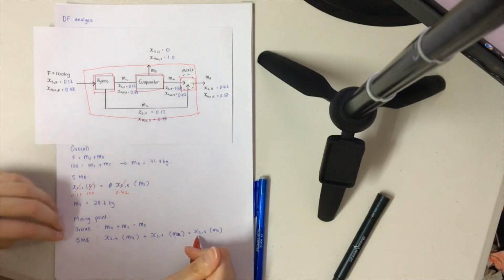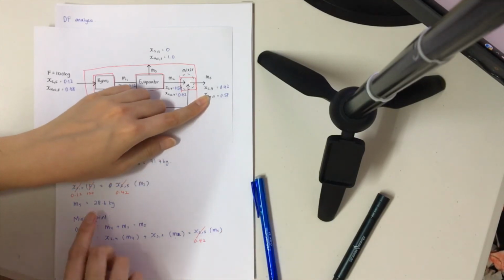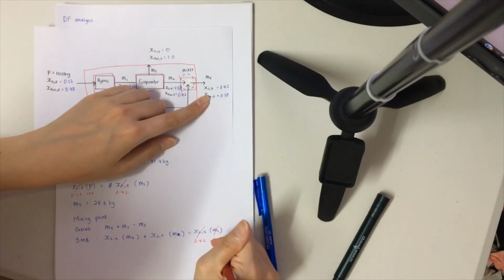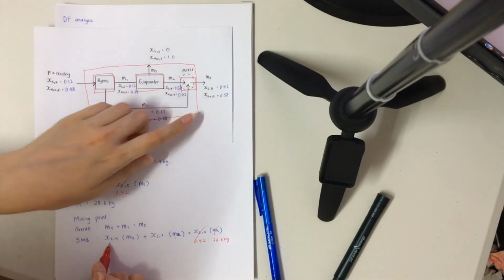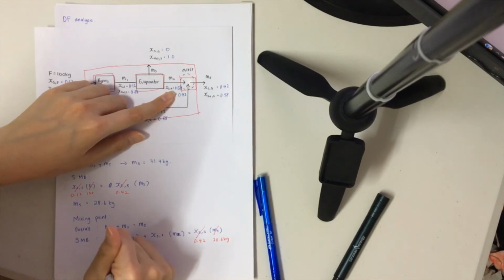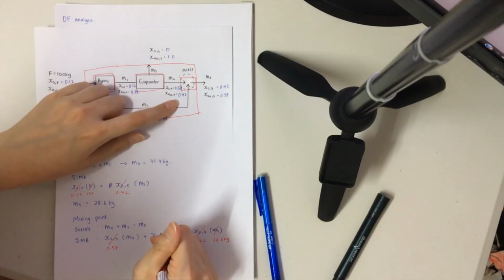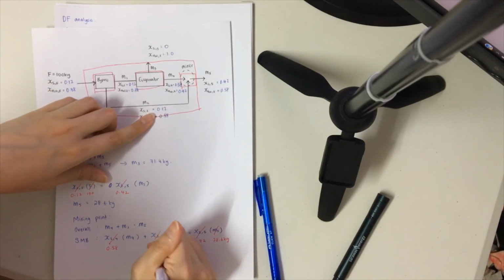But we know that XS5 is 0.42, M5 we have found, which was 28.6 kg, XS4 is 0.58, and XS2 is 0.12.